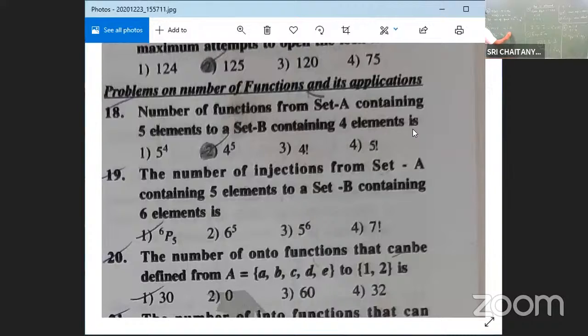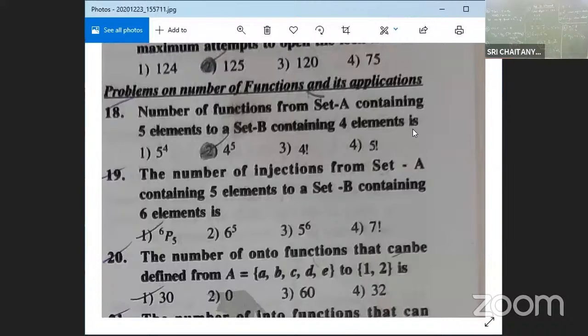That is the total number of injective functions or injections from A to B. Here m is less than or equal to n. It is nPm. Suppose m value is greater than n, it is 0. Okay, you should take those two.